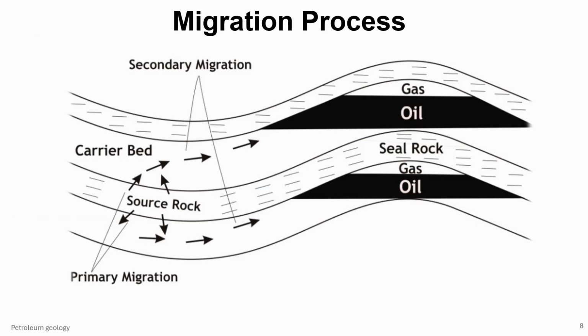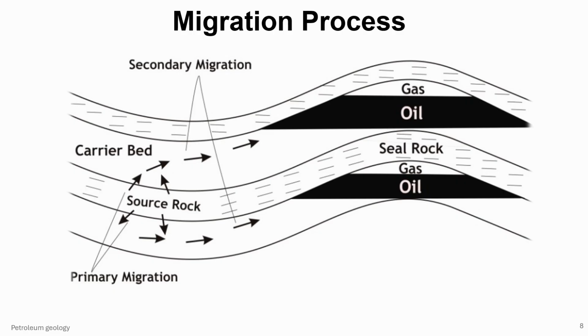After hydrocarbons are generated in the source rock, they need to move. This movement is called migration. We distinguish between primary migration, which is the expulsion of petroleum out of the source rock, and secondary migration, which is the movement of hydrocarbons through permeable rocks such as sandstones and limestones.